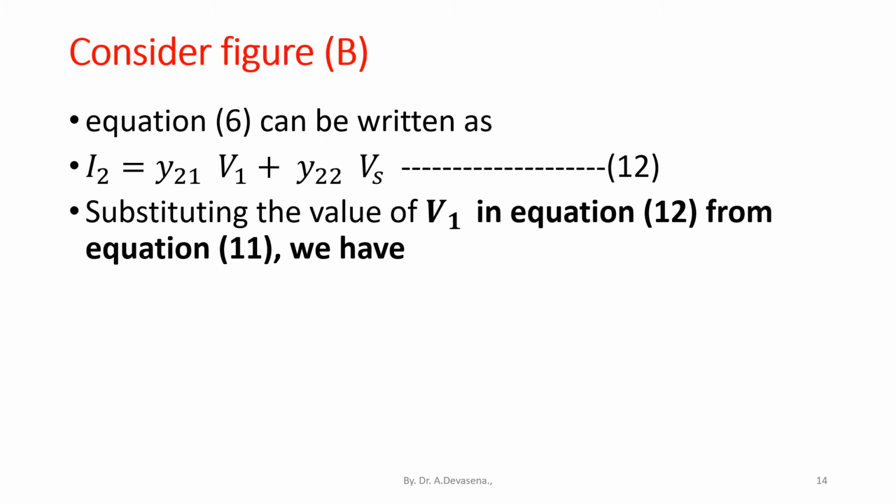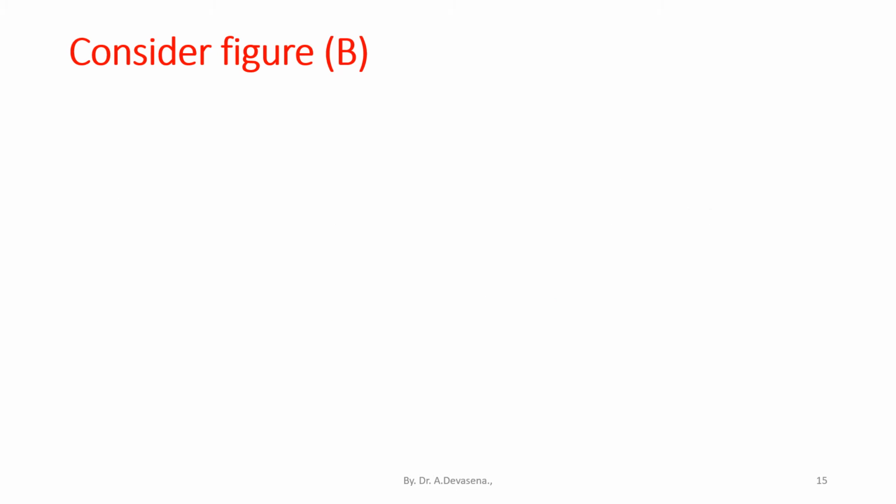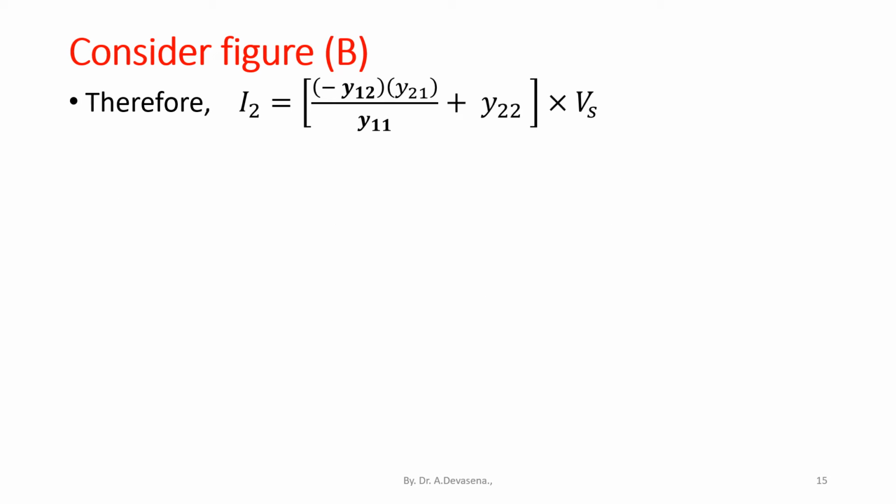Substituting the value of V1 in equation 12 from equation 11, we have I2 is equal to Y21 into, open the bracket, minus Y12 by Y11 into Vs plus Y22 Vs. Therefore, I2 is equal to, open the bracket, minus Y12 into Y21 divided by Y11 plus Y22, close the bracket, into Vs, because we have taken the Vs term as common.